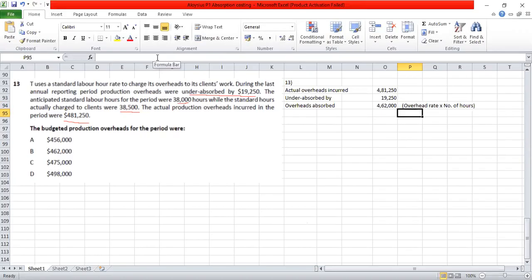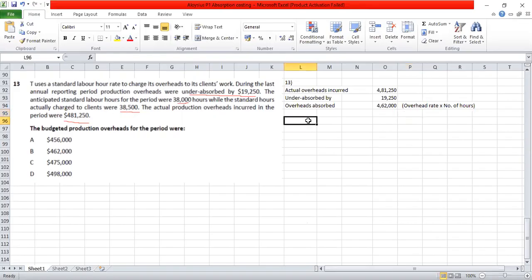How many hours did they actually use in the current period? 38,500. So whatever was the rate, that rate into 38,500 is 462,000. I hope you understood. How did they arrive at 462,000? 462,000 would have been based on some overhead rate into 38,500.